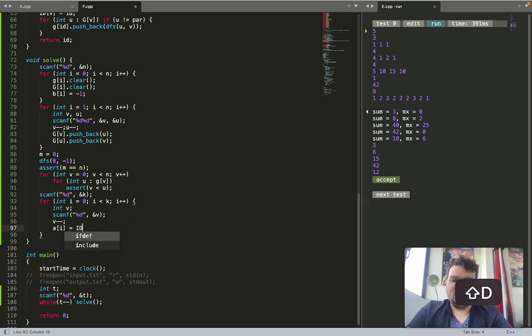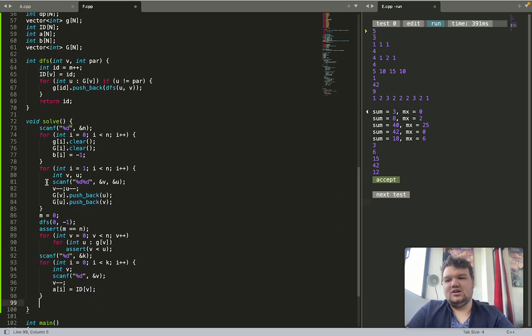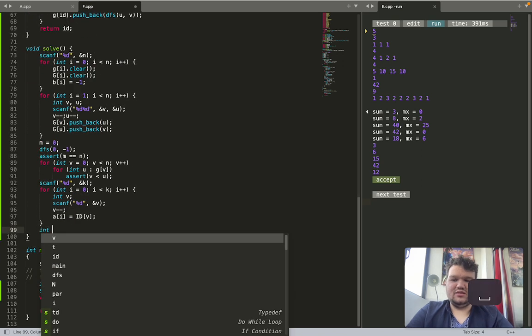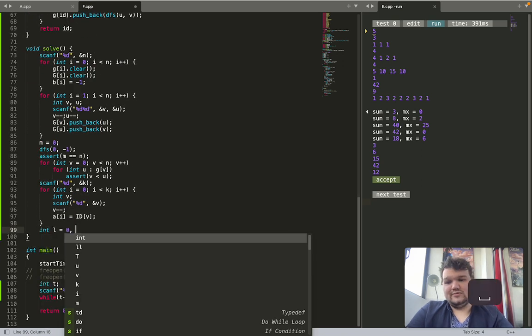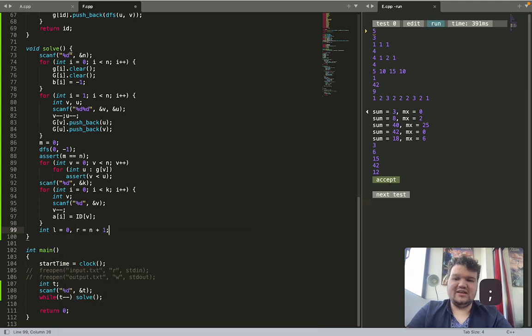So we remember that this is the vertex of the given ones. And now do binary search. 0 is good for sure, and well, n plus 1 is bad for sure.